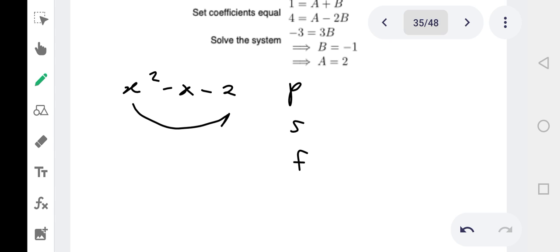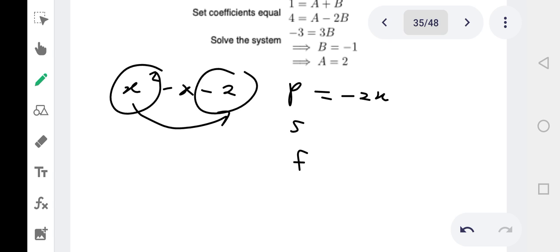You multiply the first value and the last value. So you get negative 2 times x squared, which is negative 2x squared. The sum is the middle part, which in this case is negative x, or in other words, negative 1x.